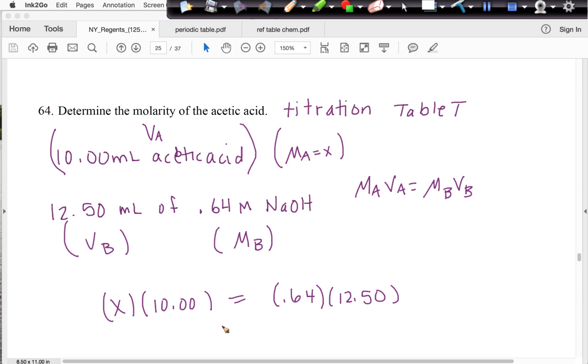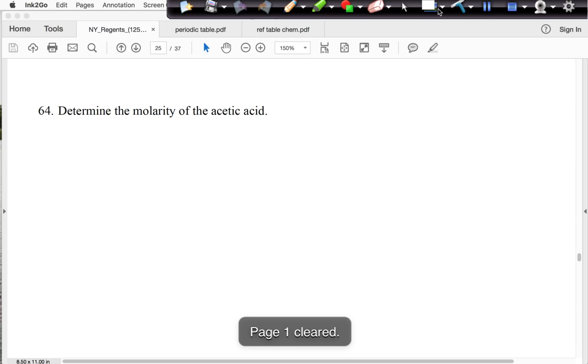And when I do the math, I wind up with 0.80 molar. You can say 0.8, you can say 0.80, you could have more zeros at the end. Significant figures don't need to be shown.